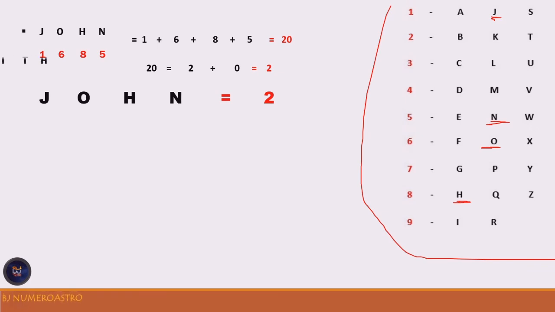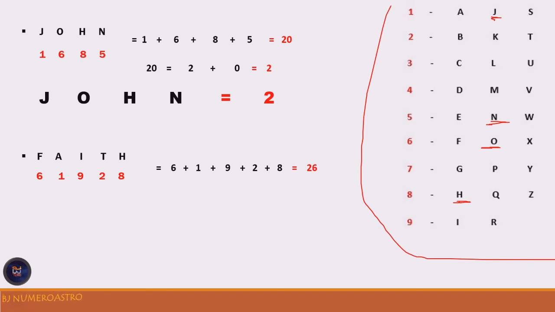So another example is someone bearing Faith. What's the value for F? That's 6, A 1, I 9, T 2, and H 8. So Faith gives 61928. So just sum everything together. It will now be equal to 6 plus 1 plus 9 plus 2 plus 8, and that will give 26.